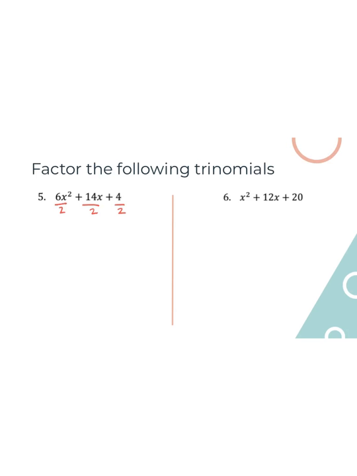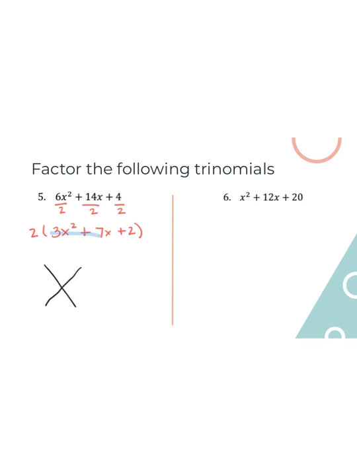So I can't do anything because I don't have any letter on that 4. So my 2 is going to come out front, and then I'm going to divide out. 6x squared divided by 2, 3x squared, plus 14 divided by 2 would be 7x, plus 4 divided by 2 would be 2.